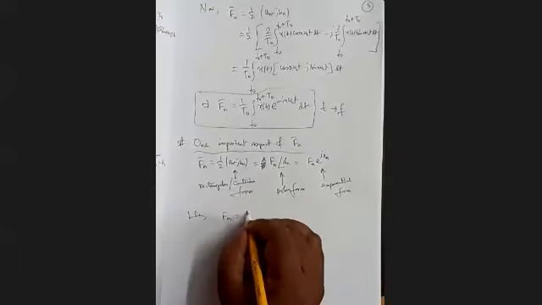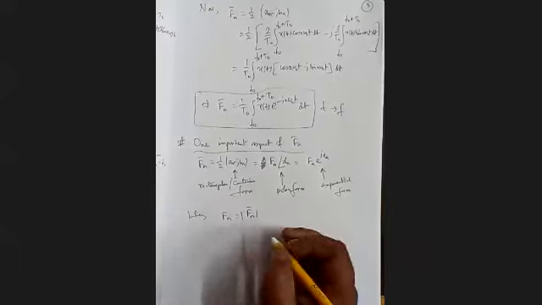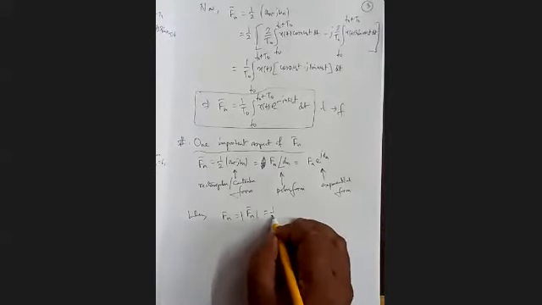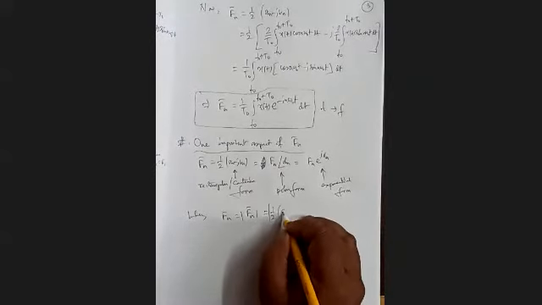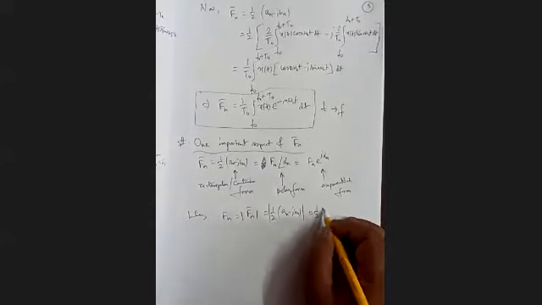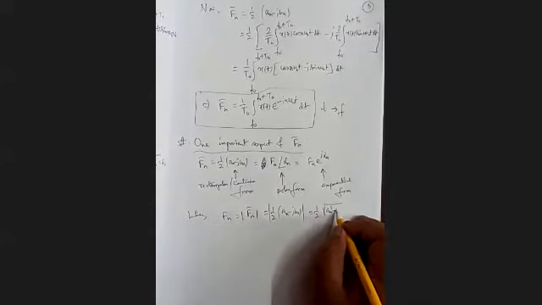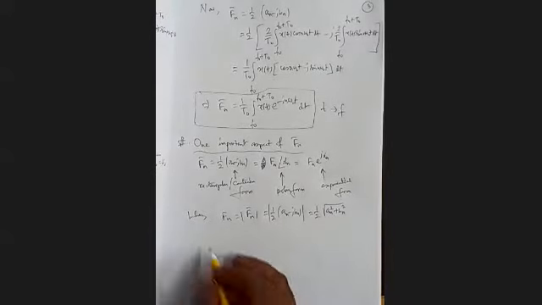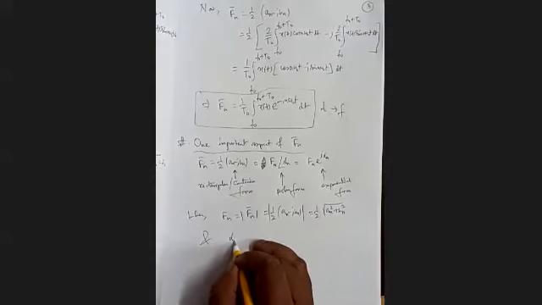Now what is fn? Fn is the magnitude of fn bar, or the modulus of fn bar. So it is half of the modulus of an minus jbn, or half of the square root of an square plus bn square. And what is alpha n?